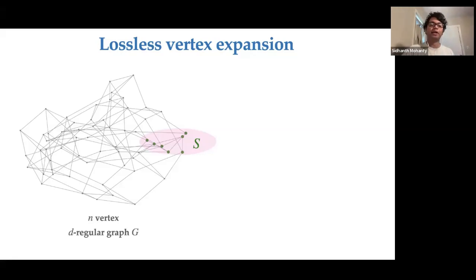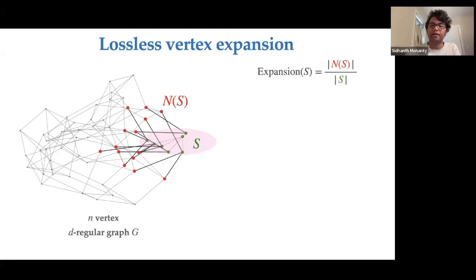So you have an n-vertex D-regular graph G, such as the one pictured on the left, and let S, the subset of vertices which are colored green, be a small set of vertices. We'll be interested in the vertex expansion of S. So in particular, we're going to say the expansion of S is the number of neighbors divided by the size of the set.